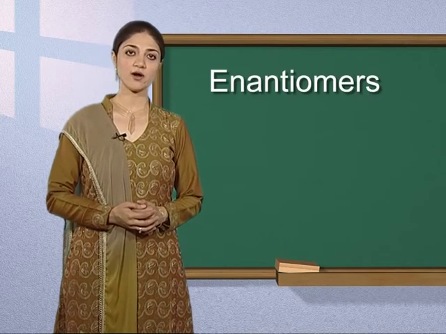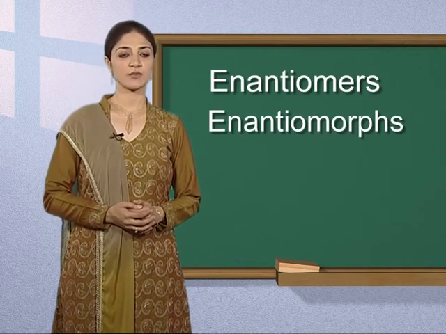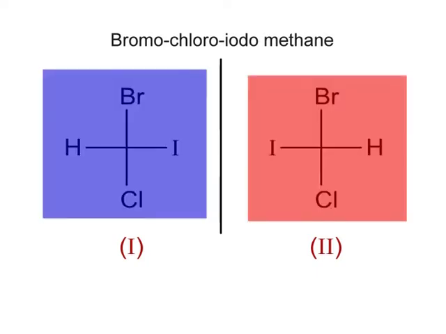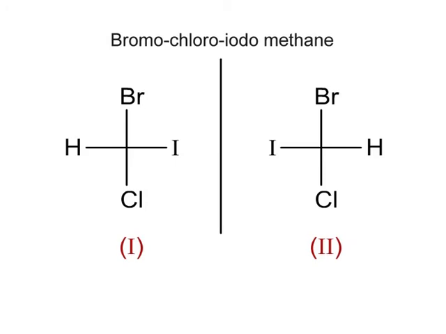These are also called enantiomers or enantiomorphs. For example, bromochloroiodomethane exists in 2 different forms which are non-superimposable mirror images of each other. Let us have a look at the Fischer projections of the 2 isomers on the screen.